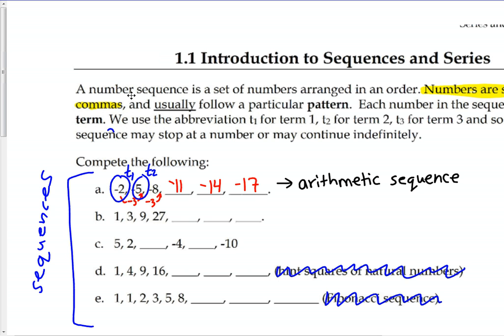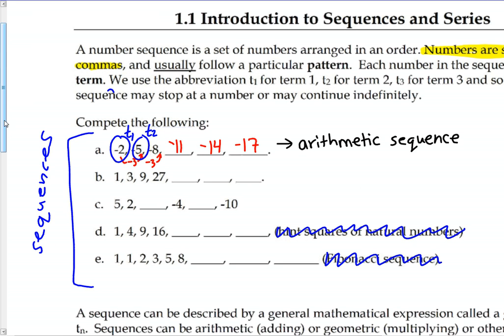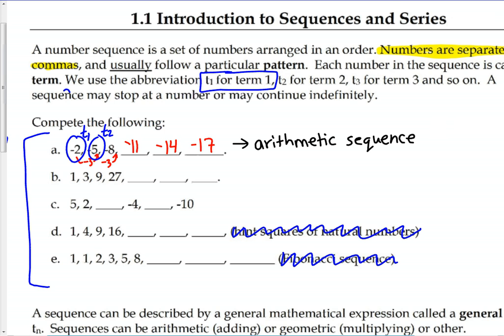It's very logical. T1 is the abbreviation for term 1. It also says that a sequence may stop at a number, or it may continue, and I'm going to talk about that a little more later. So let's go on to the next pattern.